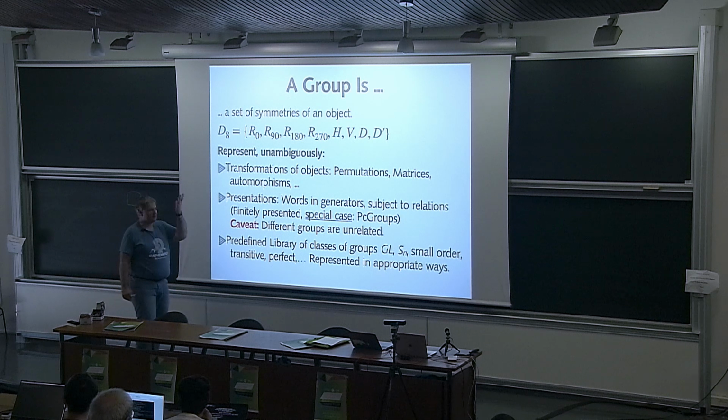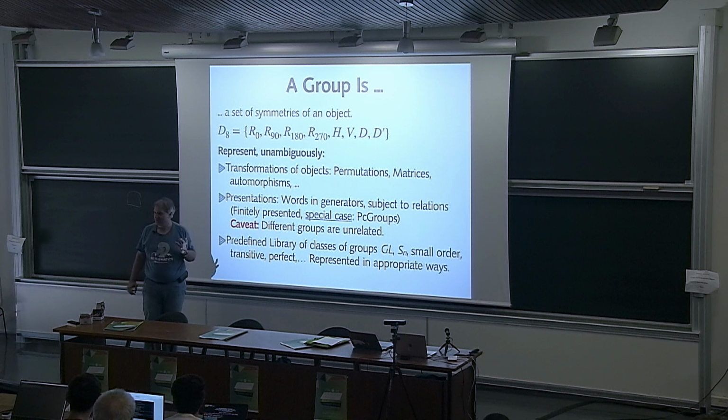It has horizontal flip, vertical flip. Is the axis horizontal or is the horizontal fixed? There are 2 diagonal flips. Which one is D, which one is D prime? What do you do if you don't have a square but say a hexagon? Then you get a D double prime. So that is really not a good way of representing a group.